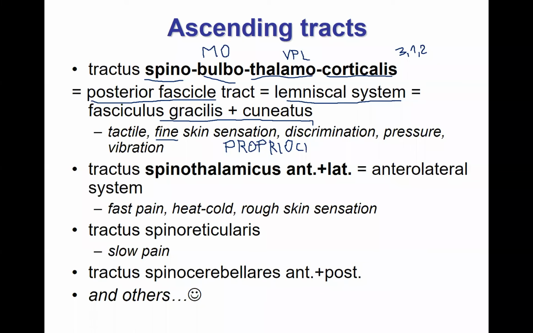That means it gives you information about the position of the muscles and, derived from that, the position of the limbs according to the trunk. So it gives you a sense of position of the parts of the body. Proprioception comes from muscle spindles, and fine touch comes from tactile receptors, which are free nerve endings or many corpuscles like Vater, Pacini, Ruffini, Meissner, and these we will learn later.